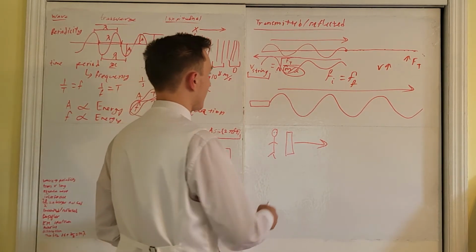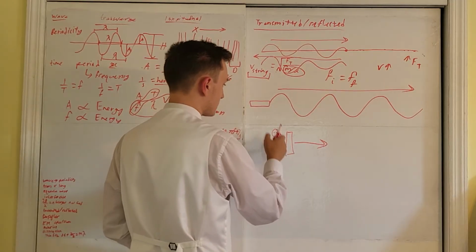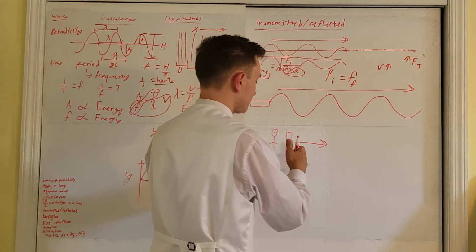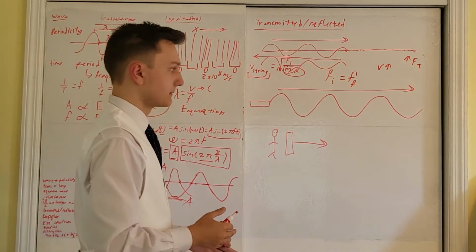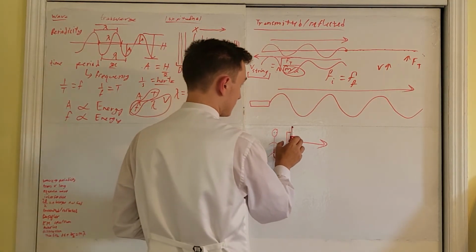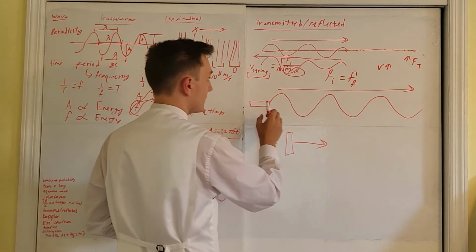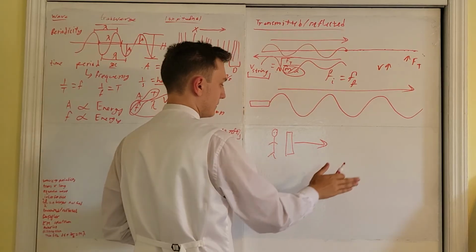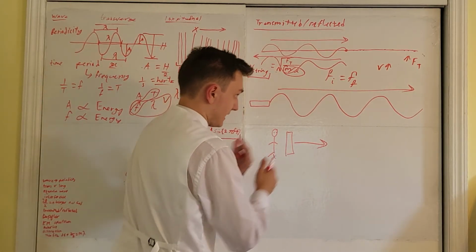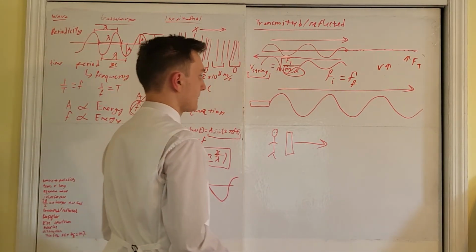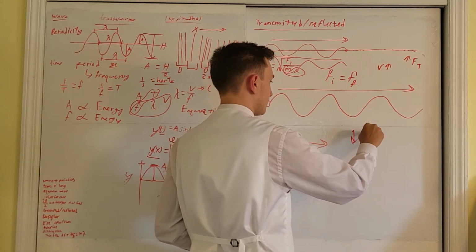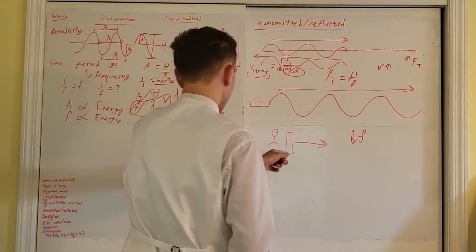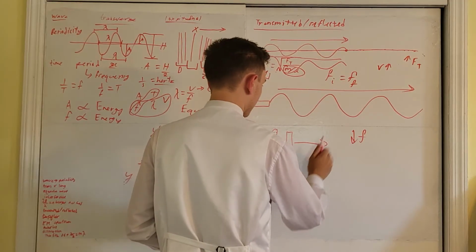Frequency is measured by how many oscillations come through the sensor every unit time, okay? So if the sensor is also moving in this direction, then fewer oscillations are going to be able to move through the sensor because they're trying to catch the sensor, okay? So a lower frequency is to be expected when you measure in such a way, okay?